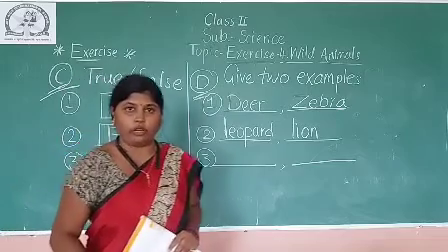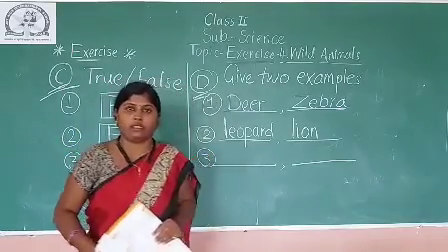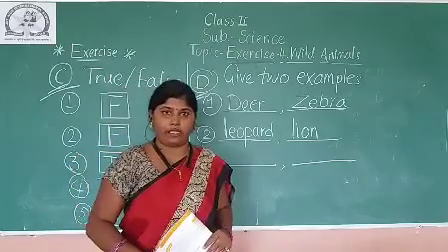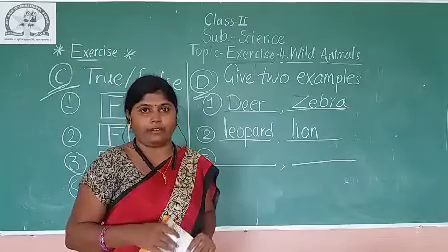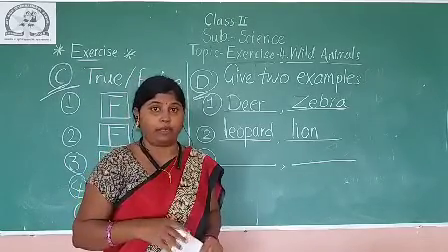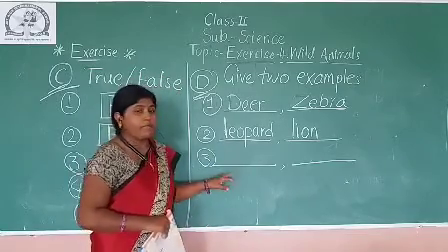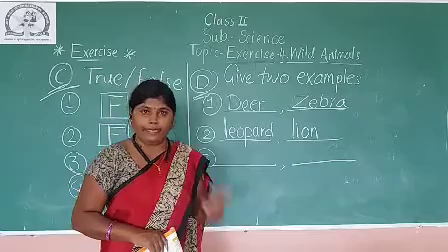Now, if you forgot what is meant by scavengers, I am going to tell you. Some wild animals kill other animals and eat their flesh. They are flesh eating animals. But what is meant by scavengers? Scavengers are animals that eat the flesh of dead animals.